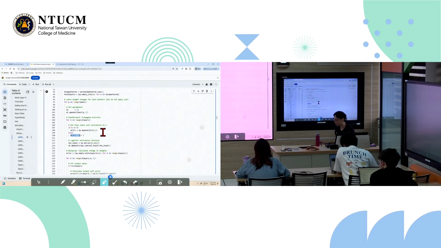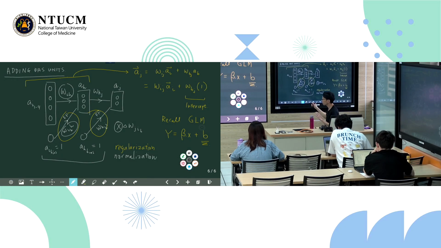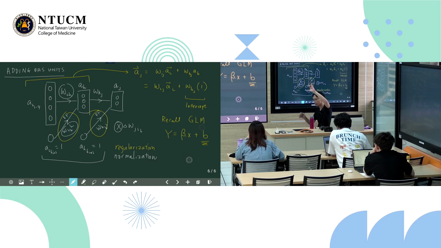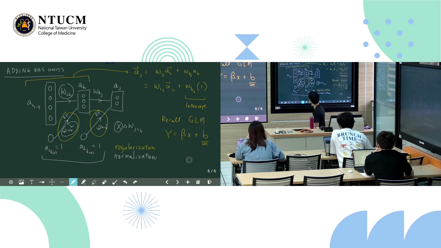What this means is that the part where I set the bias units will only set this one. It won't set the input layer yet, because the input layer is not part of the network.